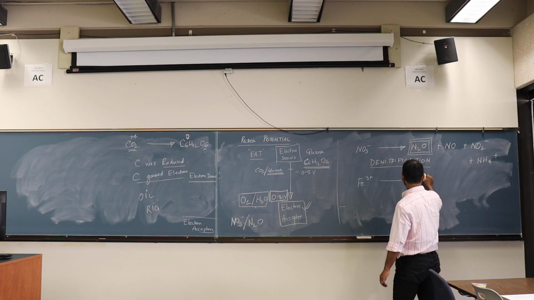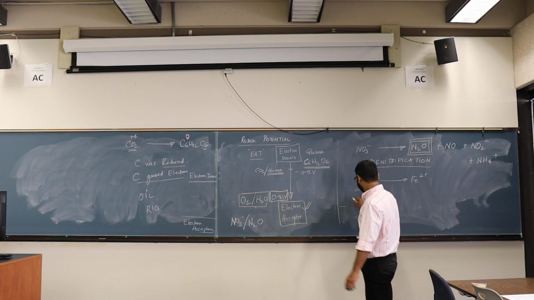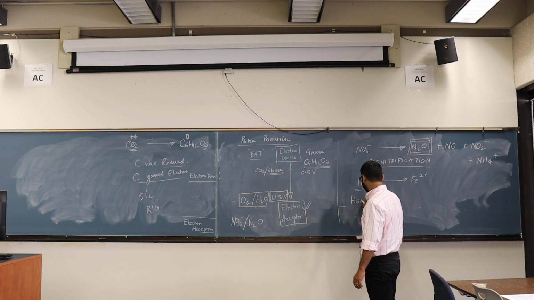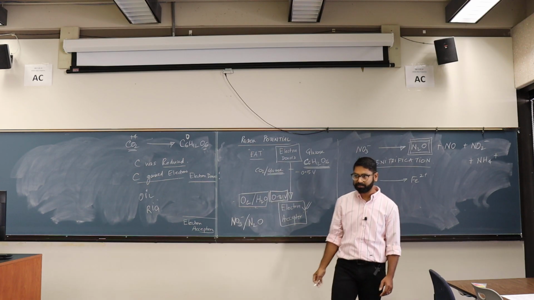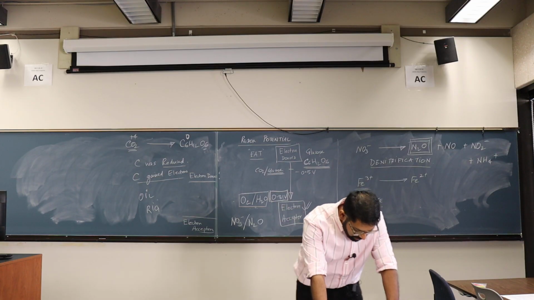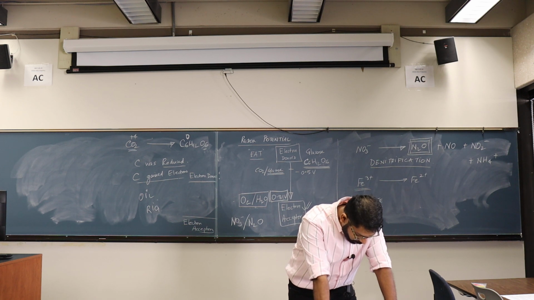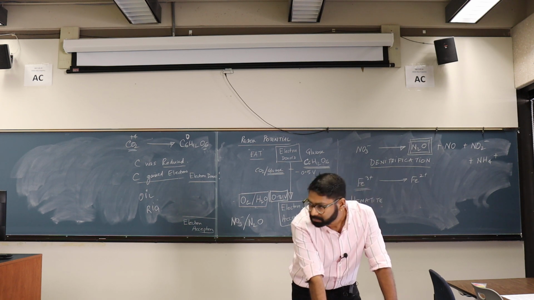Now this iron 3 is not present in the solution form most of the time. This could be hematite or any of these iron 3 bearing minerals. That could be a source for these kinds of iron reducing bacteria. Some of the common organisms, Geobacter is one of these organisms.